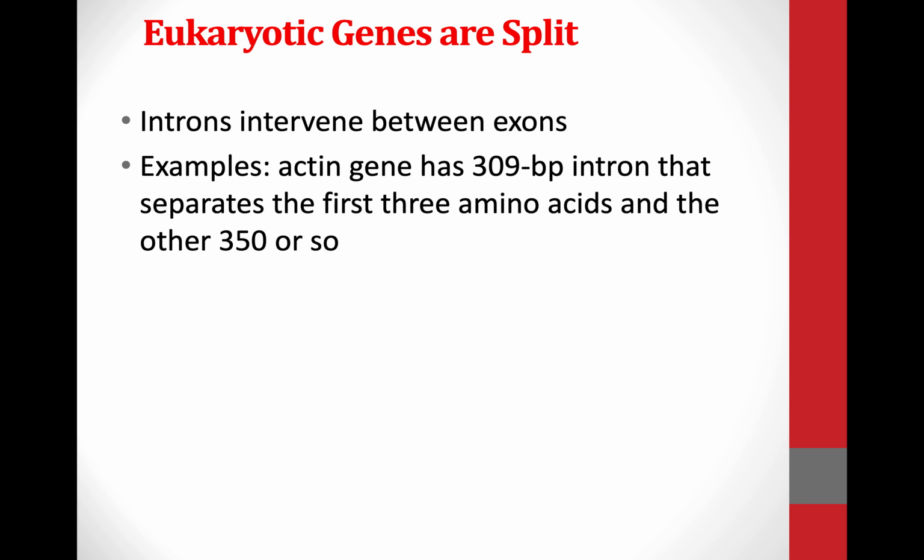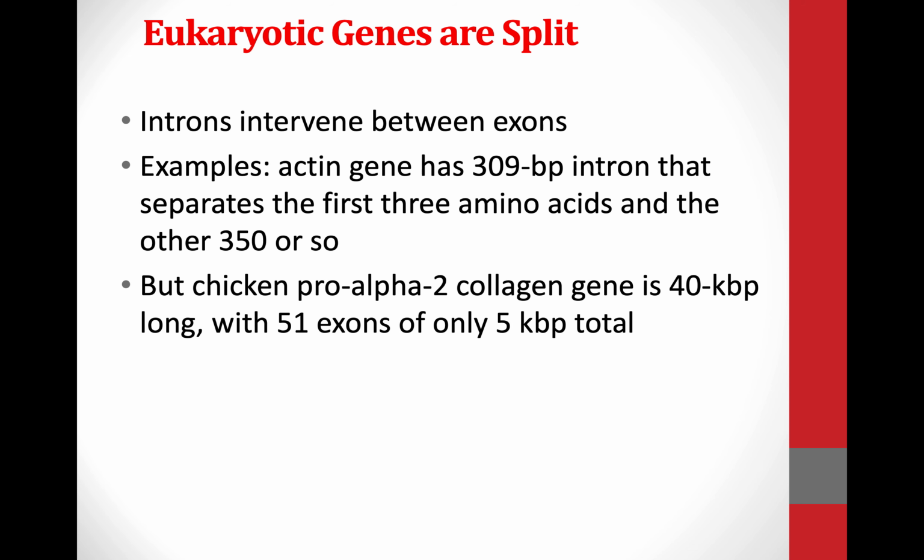As an example, the actin gene has around a 309 base pair intron that separates the first 3 amino acids and the other 350 or so, which means it's just a matter of 3 amino acids in between them, but the size of the intron is very big. Another example, the chicken pro-alpha-2 collagen gene is about 40 kbp long, with 51 exons of only 5 kbp in total.